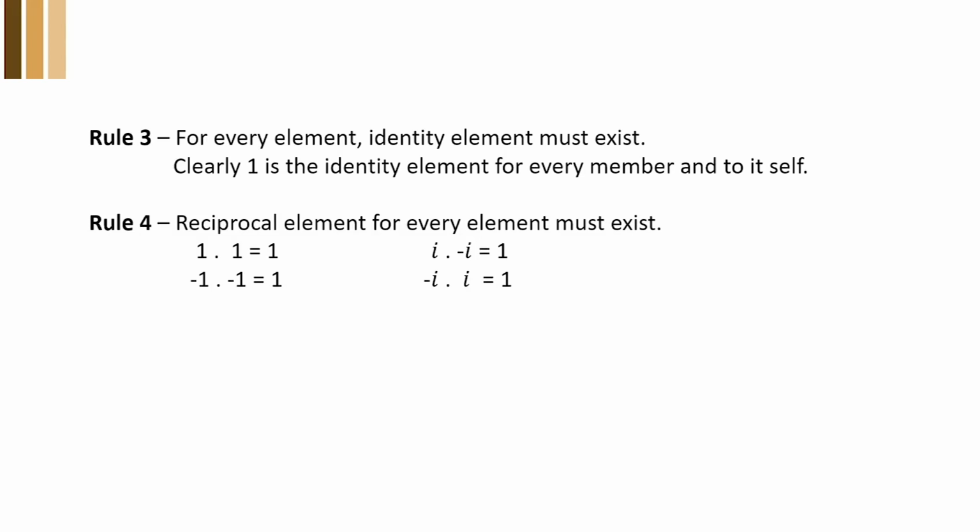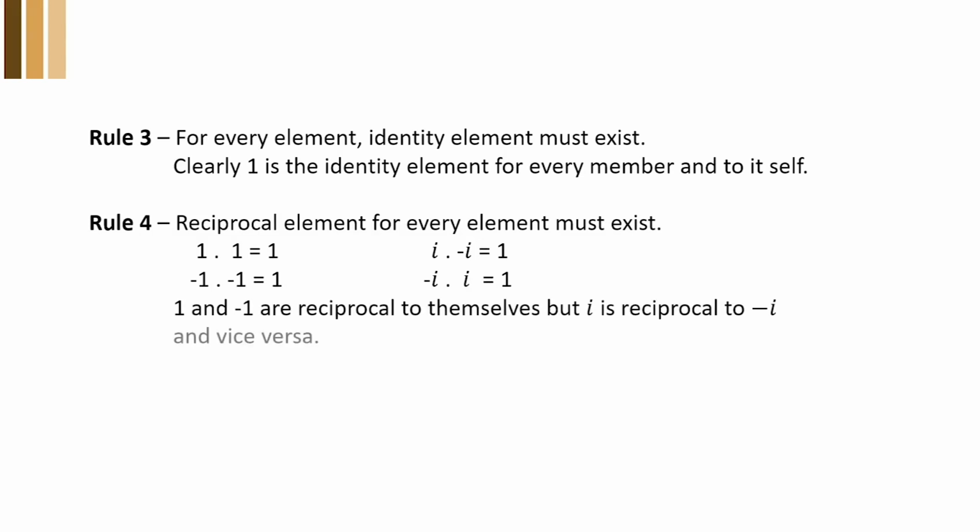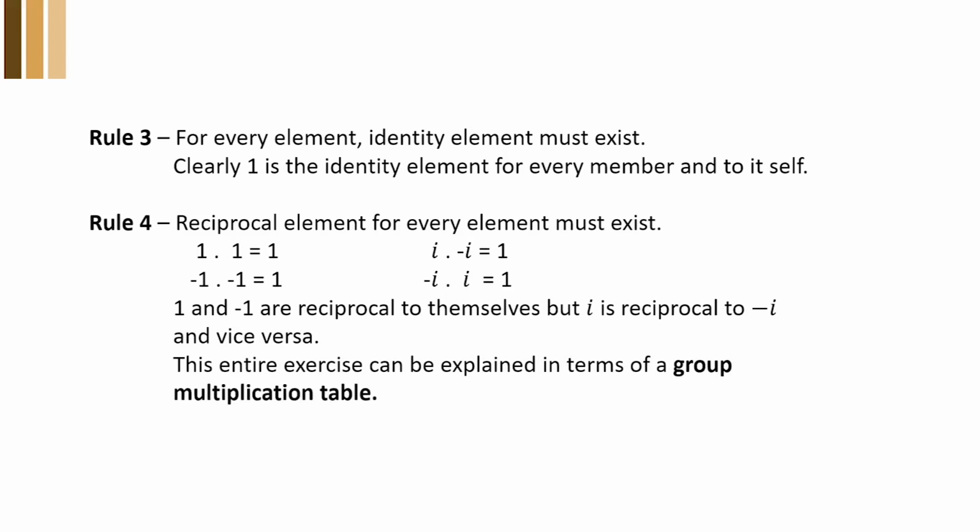So every element has a reciprocal that exists within the set. This way, we say that the elements of this particular set 1, -1, i and -i constitute a group. And this entire exercise can be explained in terms of what we call a group multiplication table.